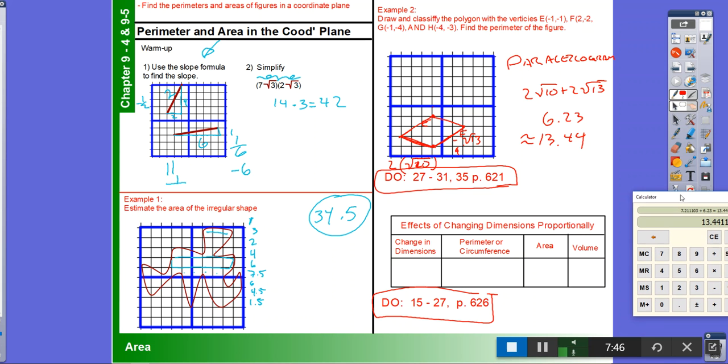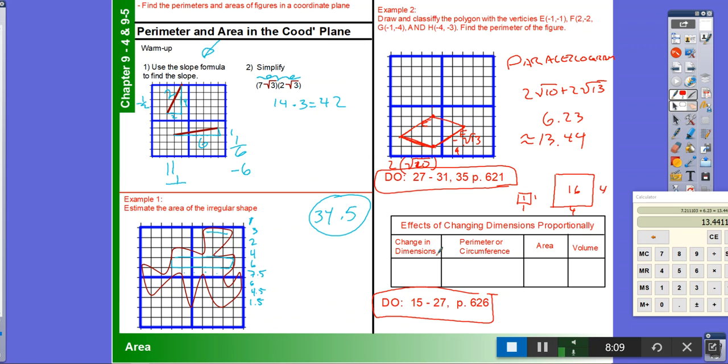Then for 9-5, if we have a scale factor, let's call that 1, let's call that 4. This has an area of 1, this has an area of 16. All right, clearly, when I multiply this 1 by 4, something else happened with the area.